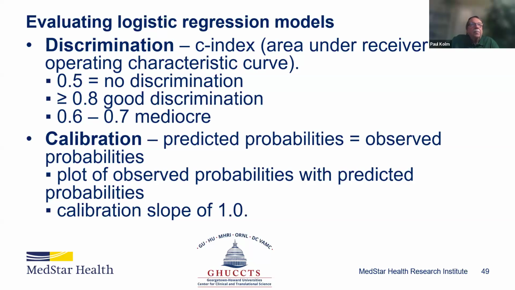And then sometimes you get C-index or area under the curve values that are what we call mediocre, in between 0.6 and 0.7. Although I've seen articles where a 0.65 was called good discrimination, but anyway, be that as it may.